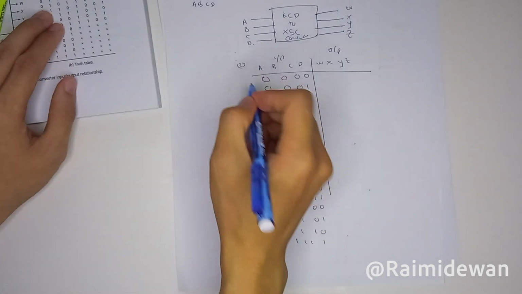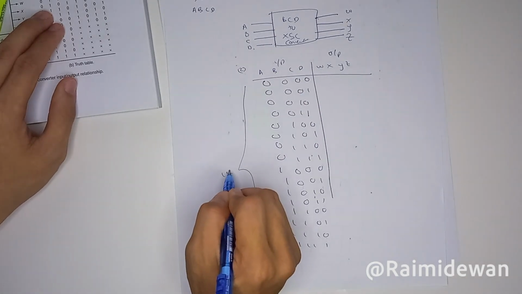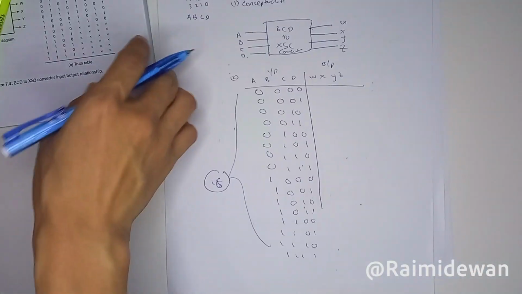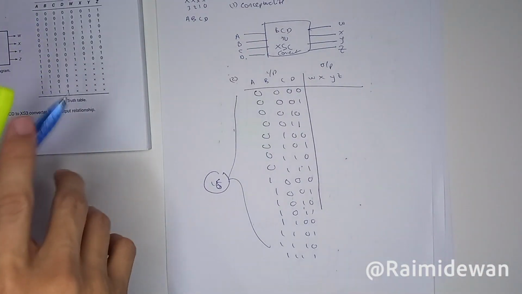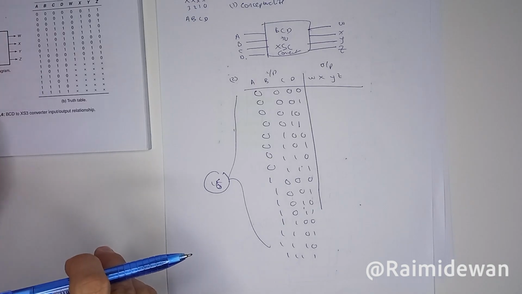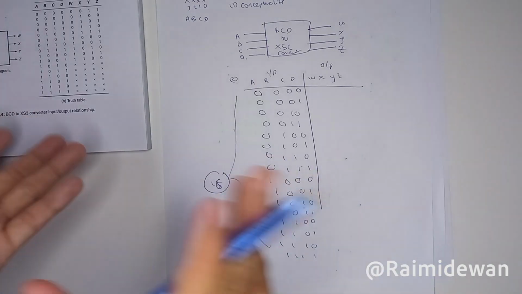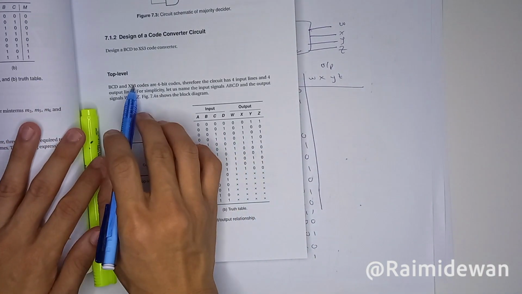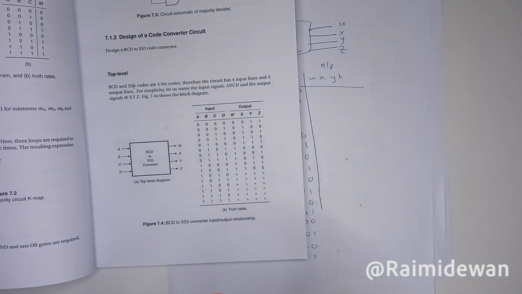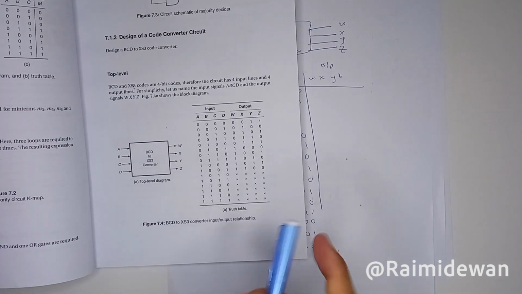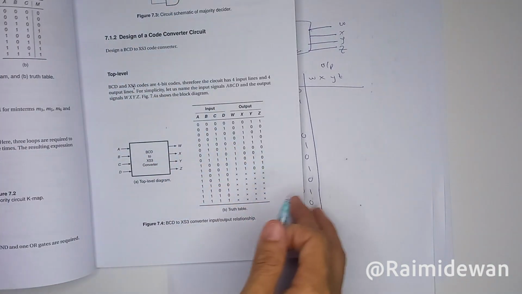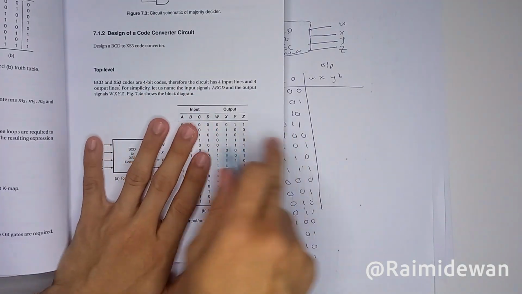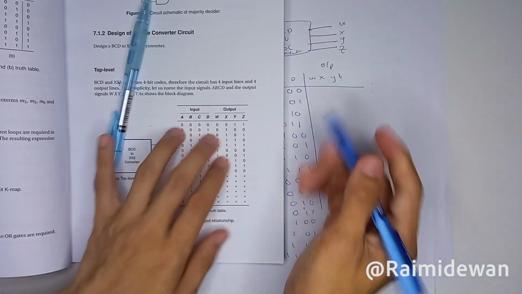Make sure it is 16 combinations. Now what you have learned in the previous chapter, how to convert BCD to Excess-3, I won't repeat this. If you don't understand, you can always refer to the previous lecture, video, slides or module. I just want to start straight away without wasting time.